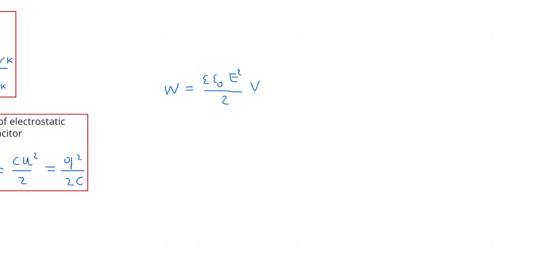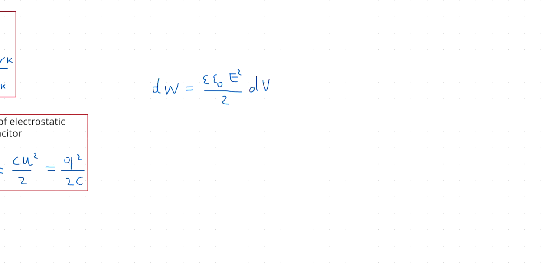In this case, it is necessary to consider an infinitely small part of volume. So to generalize this formula, it is necessary to write it for differentials, for an infinitely small part of volume.